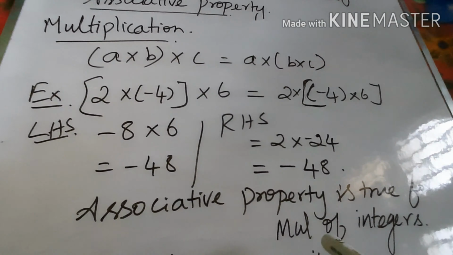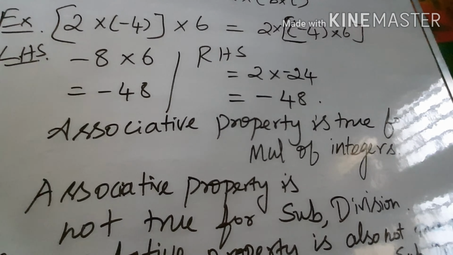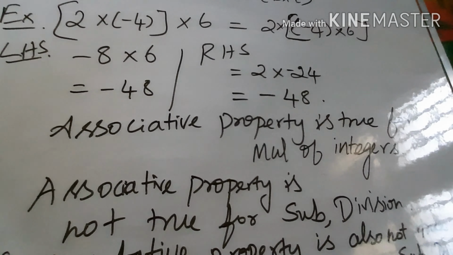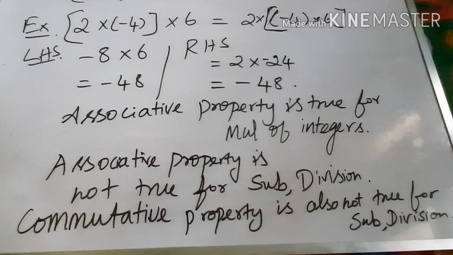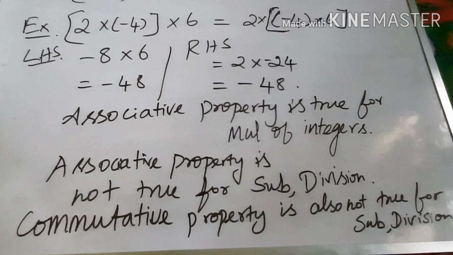Moreover, the associative property is not true for subtraction as well as division. The commutative property is also not true for subtraction as well as division.